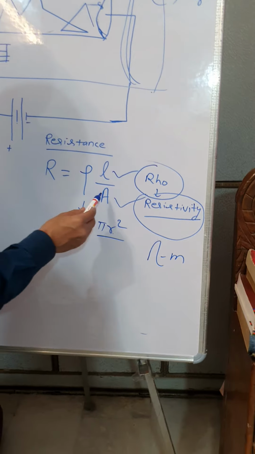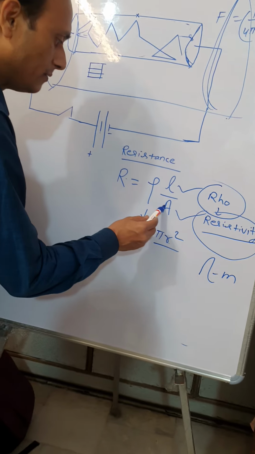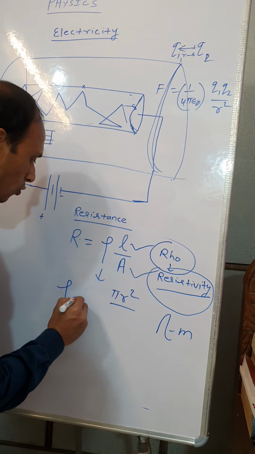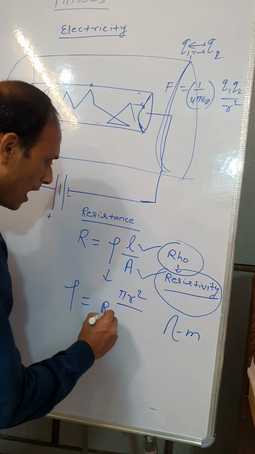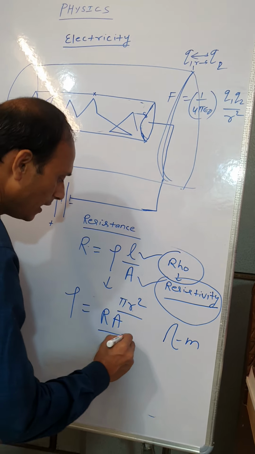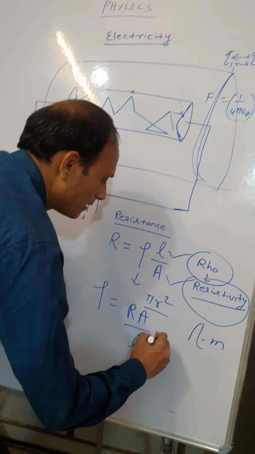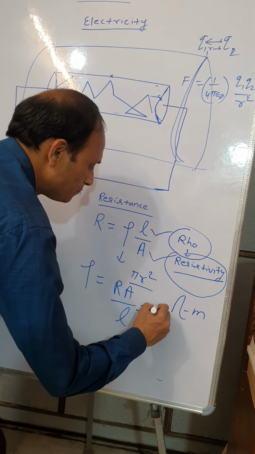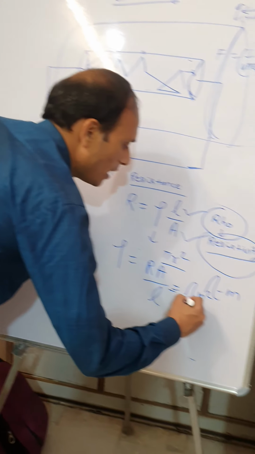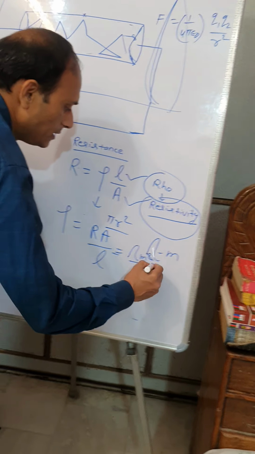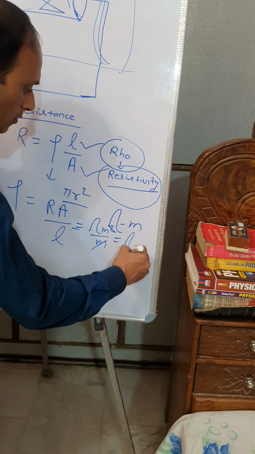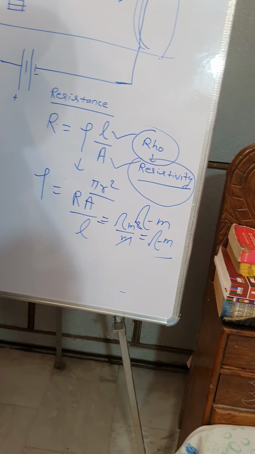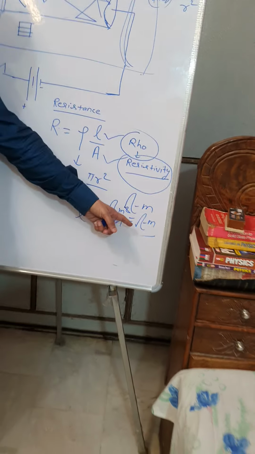This is ohm, and then you can calculate rho is equal to what? RA upon L. So R can be measured in ohms, so ohm meter square upon meter. The meter and meter can be cancelled, so it becomes ohm meter. So this can be measured in the SI unit of ohm meter.